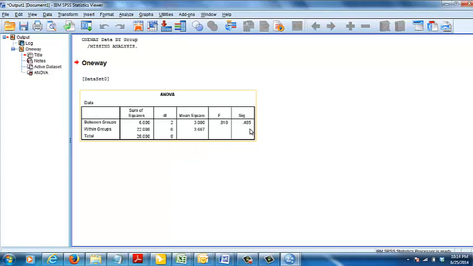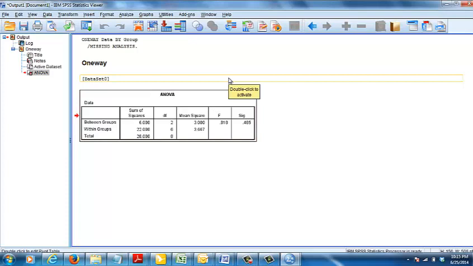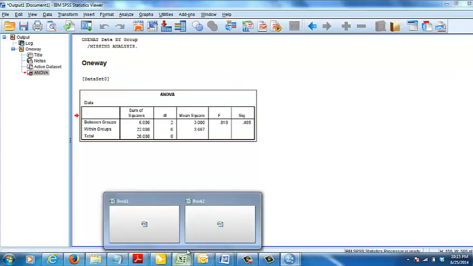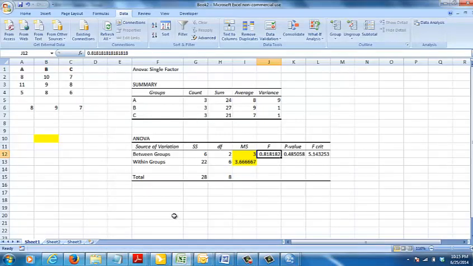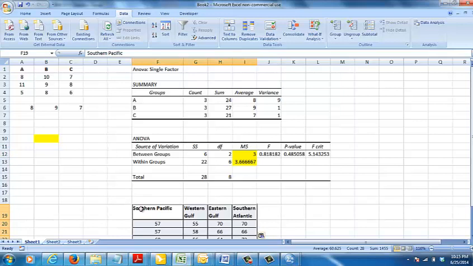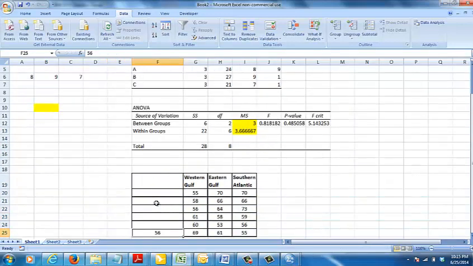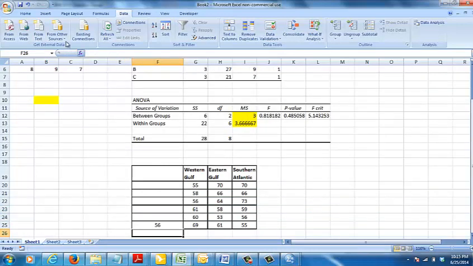One of the differences with SPSS is that it will not show you the critical value, but it will give you the significance value. So what you can do is copy this and paste it here. Nope, sorry, I guess I didn't copy it correctly. I probably have to make it a picture.